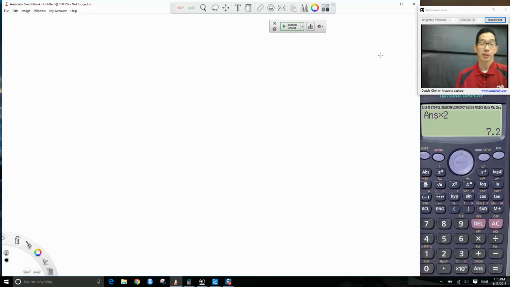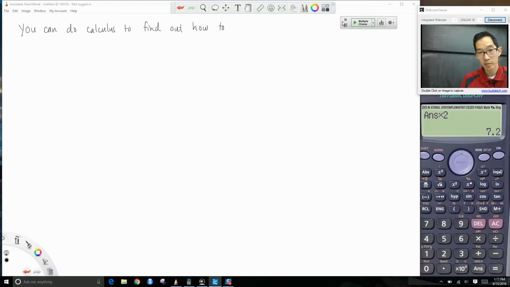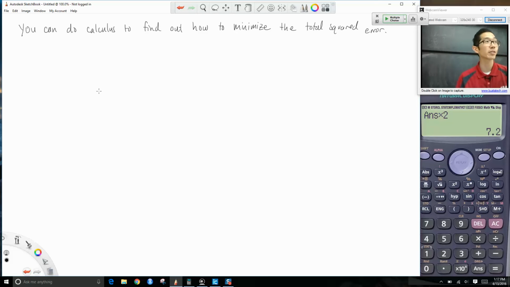Basically, you can do calculus, and we're not going to do this, but you can do calculus to find out how to minimize the total squared error. Okay? And when you do that, it turns out you get nice little formulas for the slope and intercept, okay?